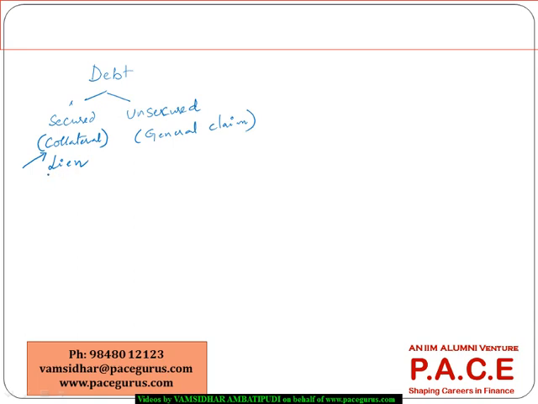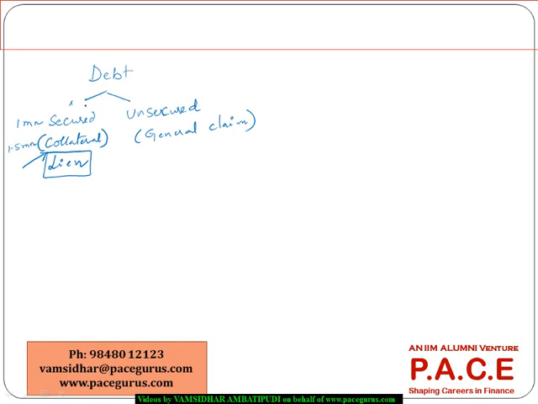So this is a collateral which is a lien, and in case the borrower defaults, the lender can then capitalize on this lien, convert it into cash, and use it for all the proceeds, and whatever balance cash comes up, probably let's say the secured loan is to the extent of 1 million, but the collateral is taken for 1.5 million.